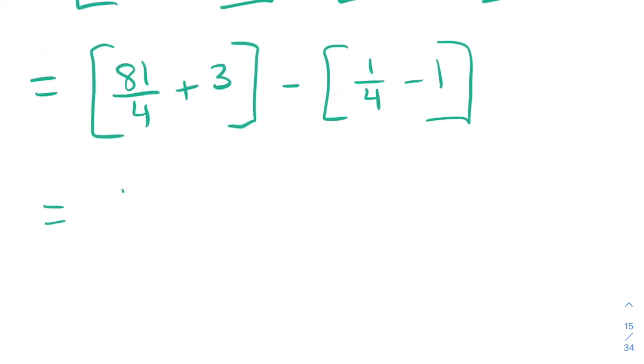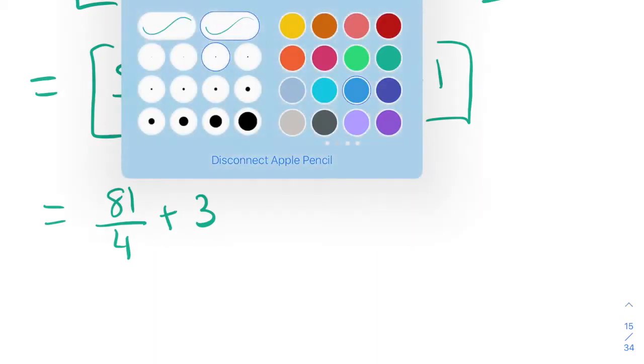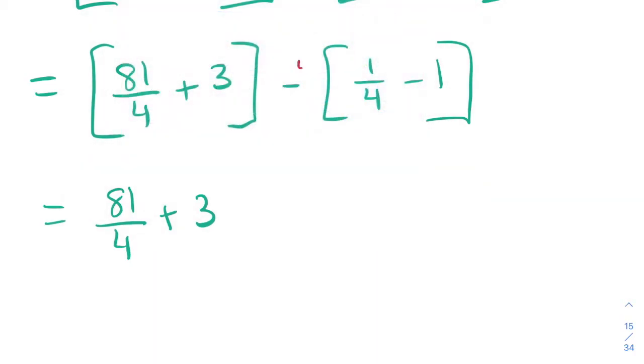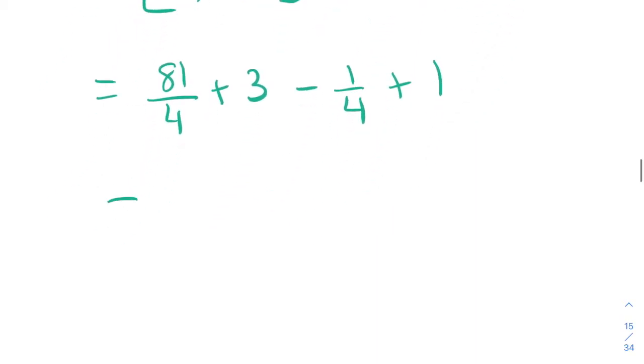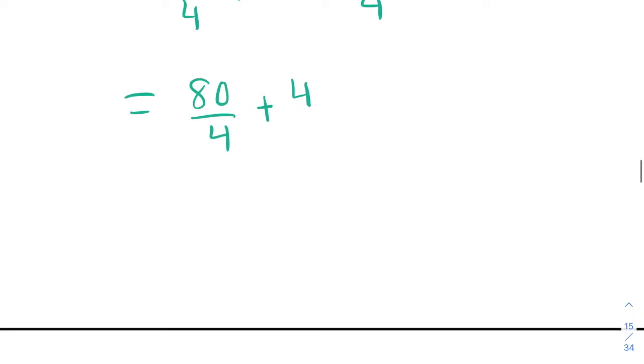So you're going to get 81/4 plus 3, take away 1/4 plus 1. So we get 80/4, and then 3 plus 1 is 4. So I get 20 plus 4, which is 24.